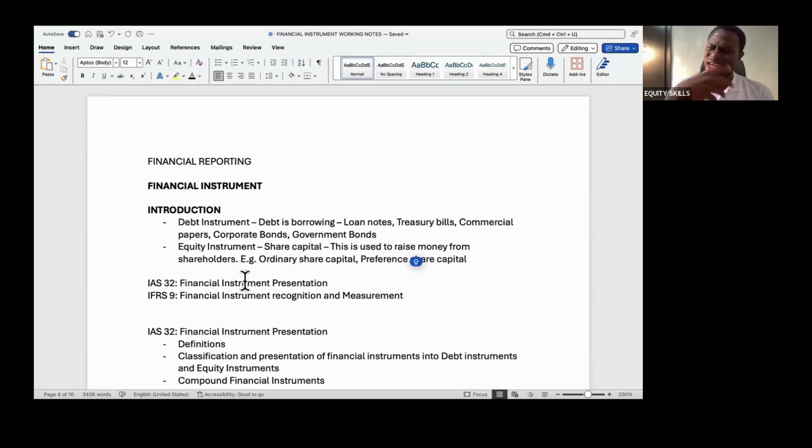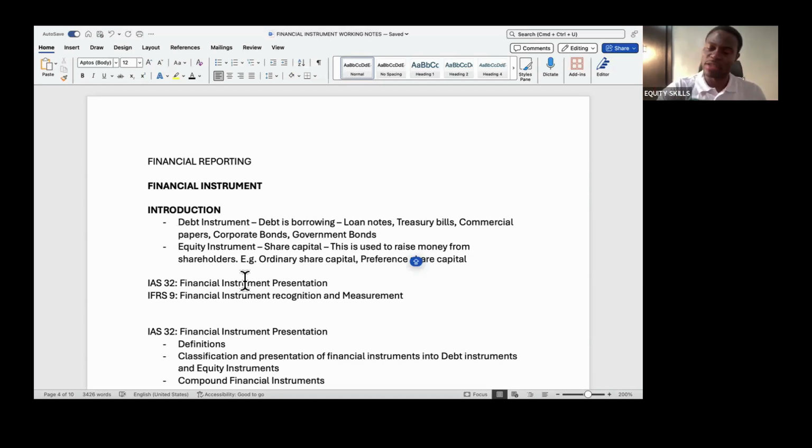and I explained the background to you, that they are majorly debt instruments and equity instruments. I told you they are instruments that are used to borrow money.